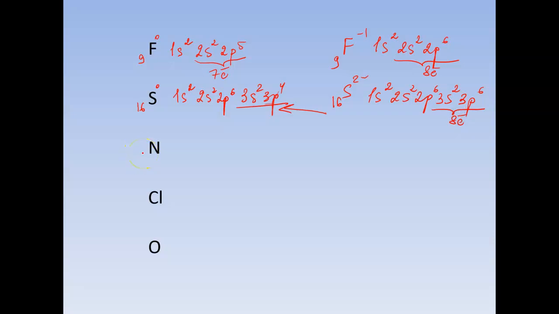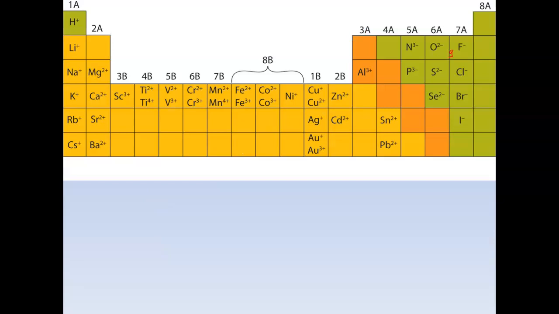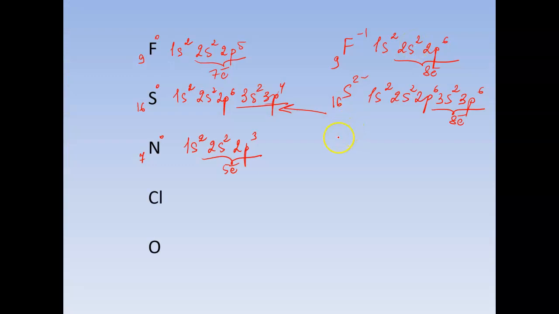Let's do another one. Nitrogen, number 7, period number 2, 7 electrons. For the neutral atom, it will be 1s2, 2s2, 2p3, 5 valence electrons. When it becomes an anion, its charge is 3 negative, so 3 more electrons, 10 total, 1s2, 2s2, and 2p6, 8 electrons.